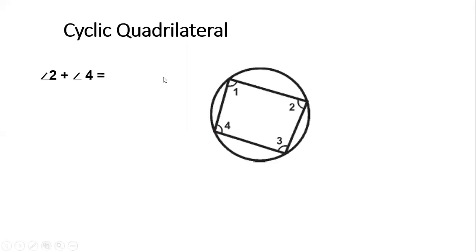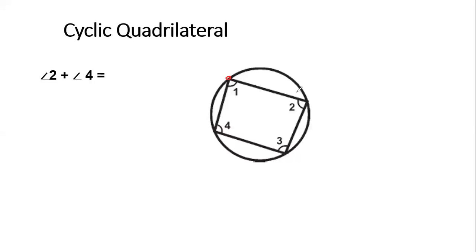Moving forward, cyclic quadrilateral. What do we understand by a cyclic quadrilateral? As I've already drawn the figure in front of you, it is a quadrilateral where all four vertices touch the circle.